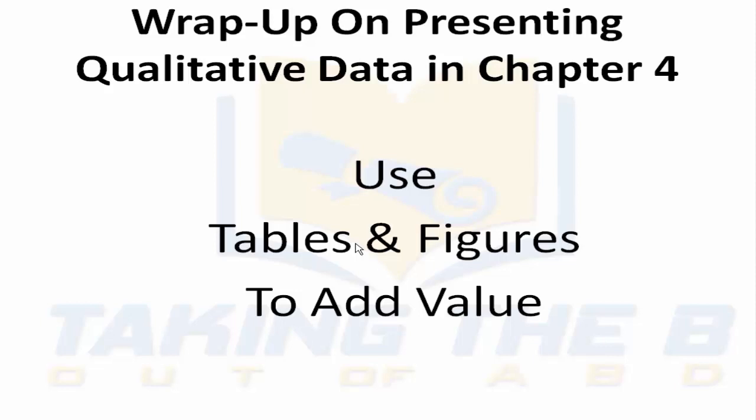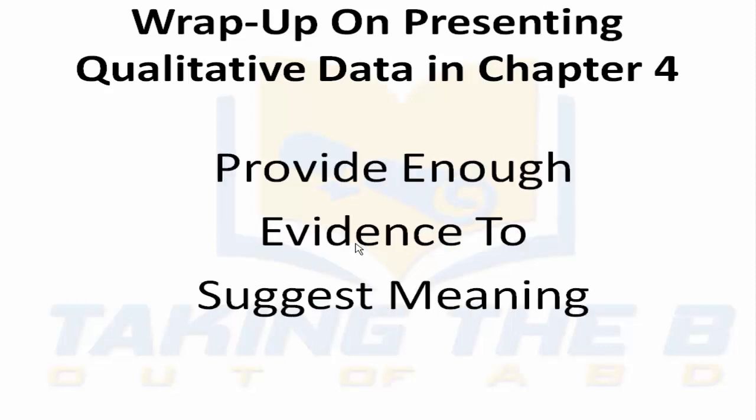My personal belief, as I've been explaining through this program, is if you put a table in there, you're going to add more value, particularly for the reader 3 or 4 years from now when they look at your Chapter 4, and it saves them from having to read the entire narrative. Or at least they see the table and it drives them to read the narrative. So consider, where could you use a table and figure? If you can use one for the purpose that it's designed to help present information in a way that's going to add value to your work, please do.